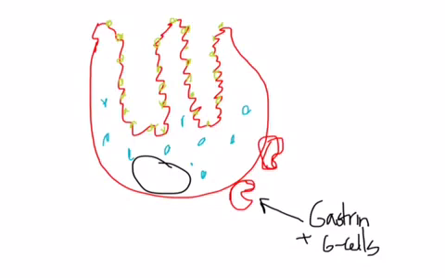I drew these receptors here, and let's say gastrin comes in here from G cells, and that can promote the ECL cells to release histamine, which will promote acid secretion. So more acid secretion from the more surface area we have.